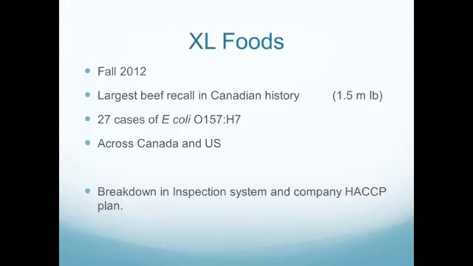They weren't closely monitoring the plant, and the plant management had a nice HACCP plan in place, but they weren't following it. And so what was happening is E. coli positive trim and meat was being sent out not only across Canada but the US. And because of the uncertainty, because we started getting cases of E. coli O157, they started recalling all the product from months back.